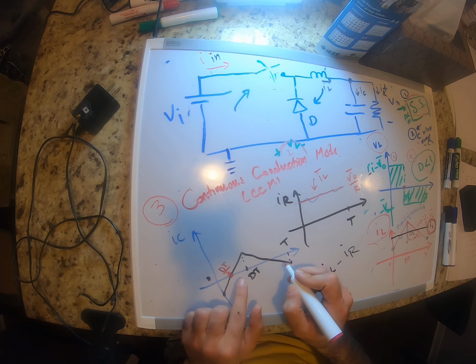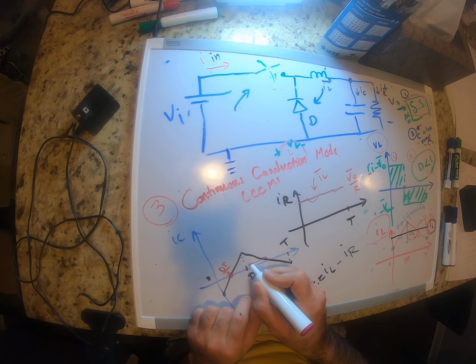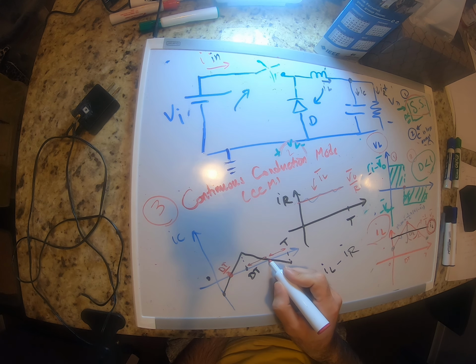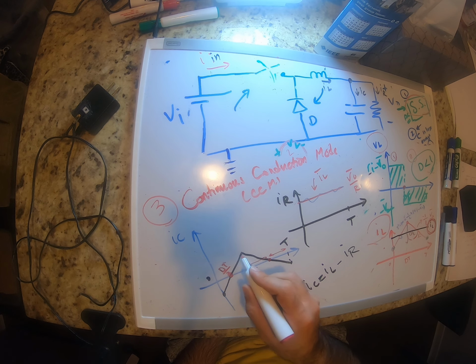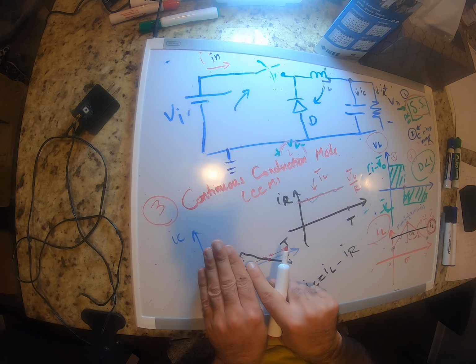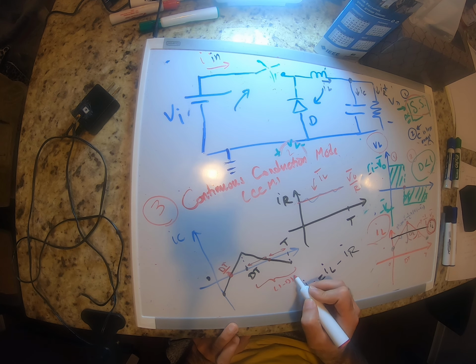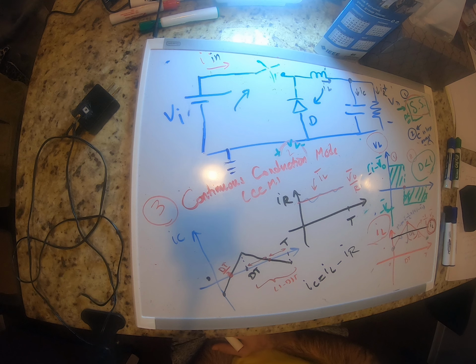And this time is going to be exactly equal to this time, right? So this zero crossing happens at the midpoint of the 1 minus d times t. Okay, so this is how our capacitor current would look for a buck converter in the continuous conduction mode, right?